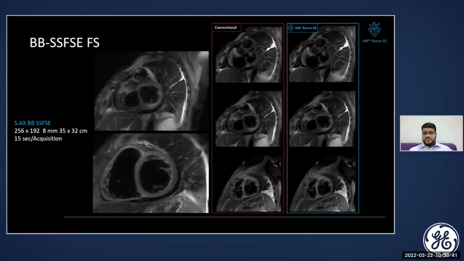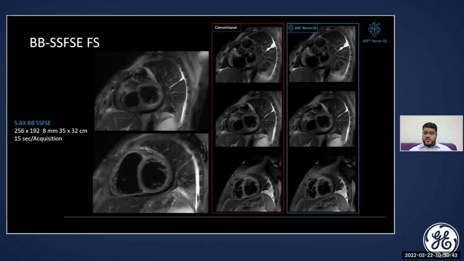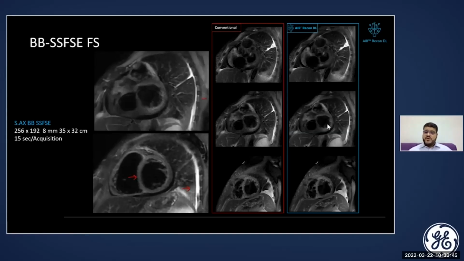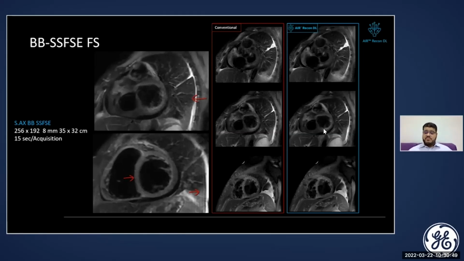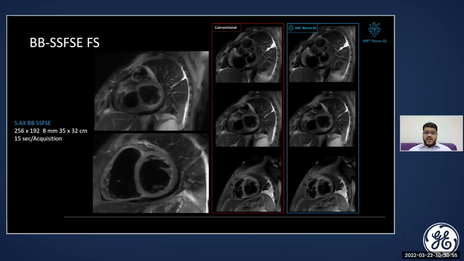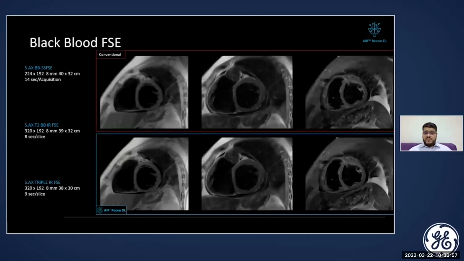Although the image quality has significantly improved, there was no evidence of qualitative edema on these images. These are the same images looking at the improvement with the deep learning reconstruction available at the scanner now.